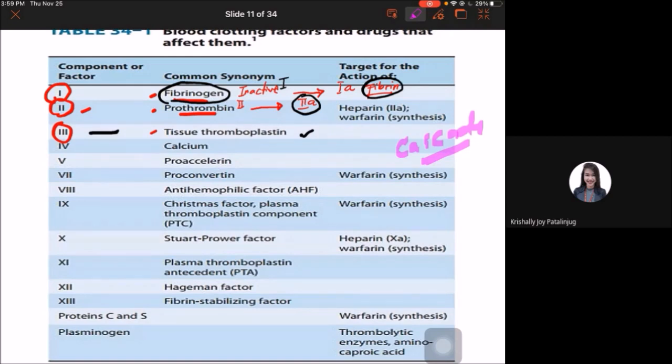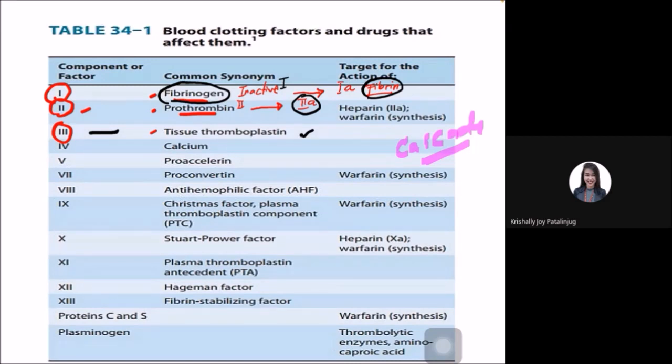Take note, na ma-achieve lang sa coagulation cascade na event ang outcome na maging fibrin ang fibrinogen if all the clotting factors help with one another.